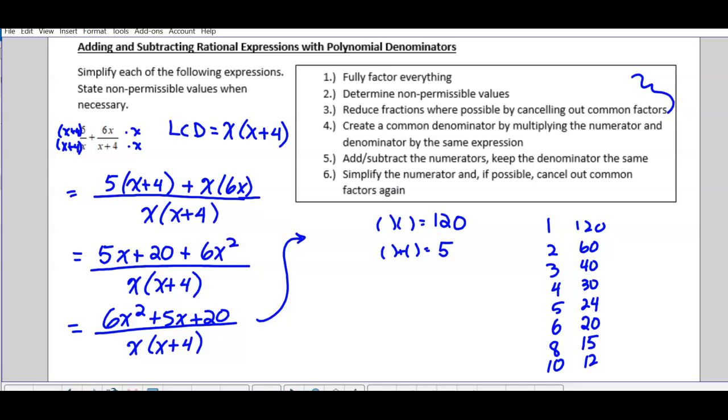So there aren't any, so you just leave it like this, okay? The restrictions are 0 and -4.